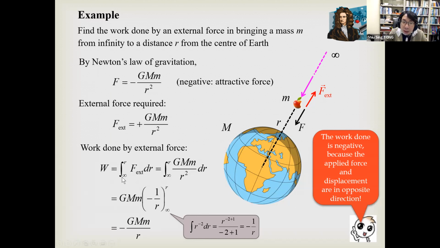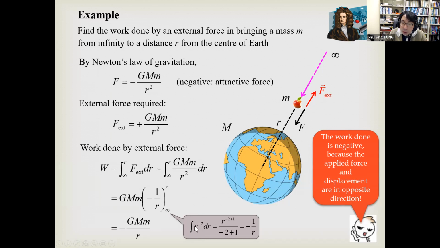So we're integrating the external force over dr, from infinity, the starting point, to small r. So we now plug in the external force, and GMm are constants, so they can be taken out. So we are integrating 1 over r squared, or r to the power minus 2.